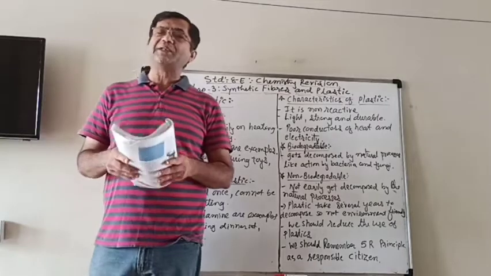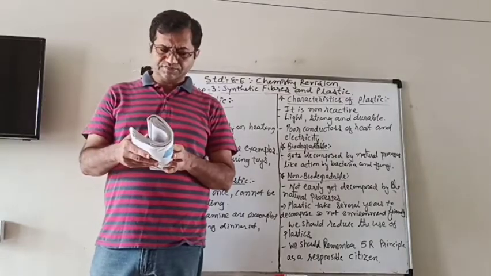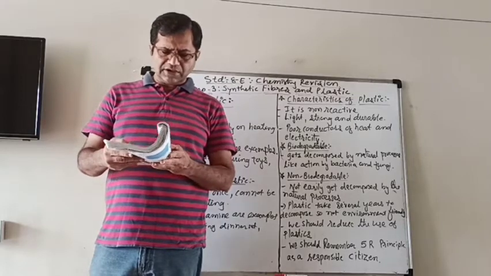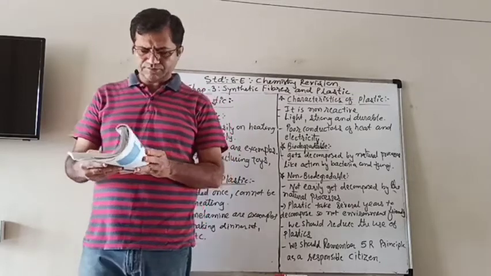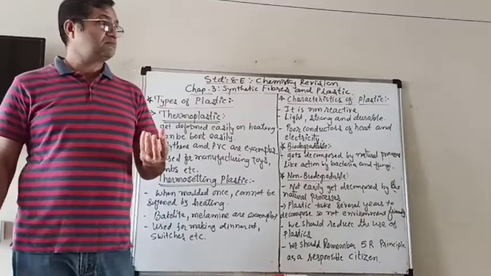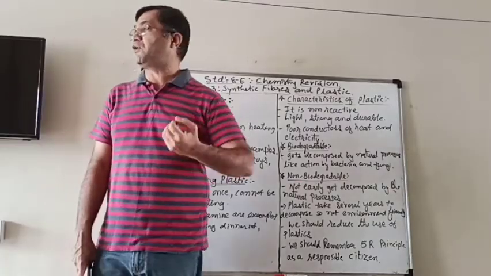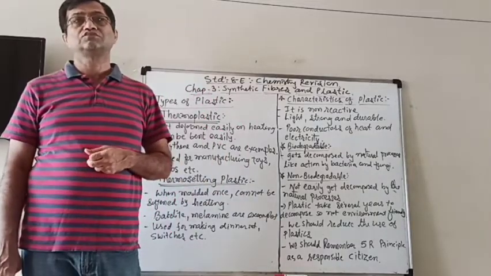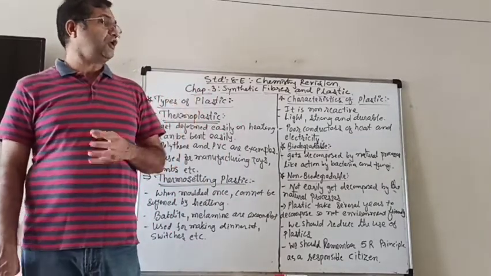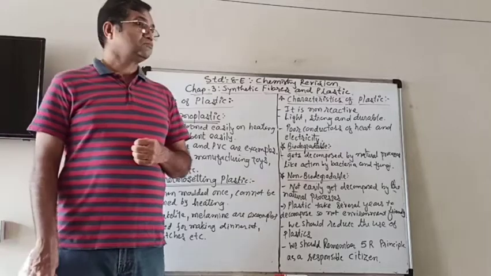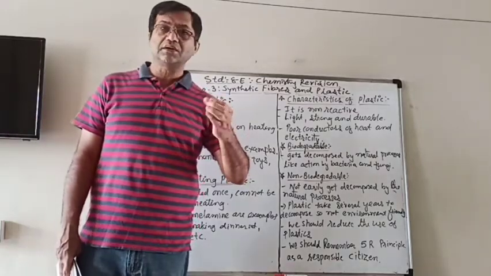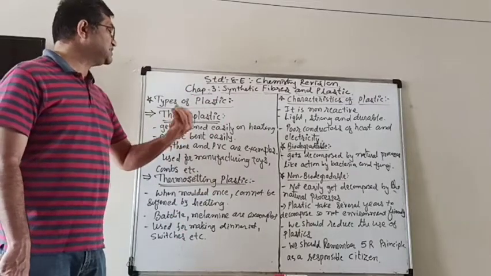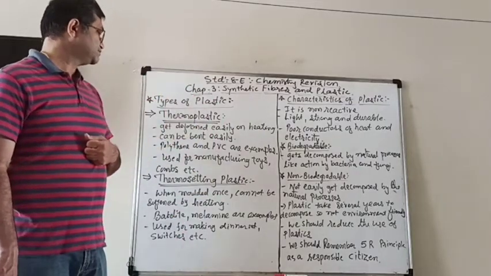So the thermoplastics are such that we can bend them easily, some of them break when we force them to break, and on heating they become soft and can be bent and deformed easily.